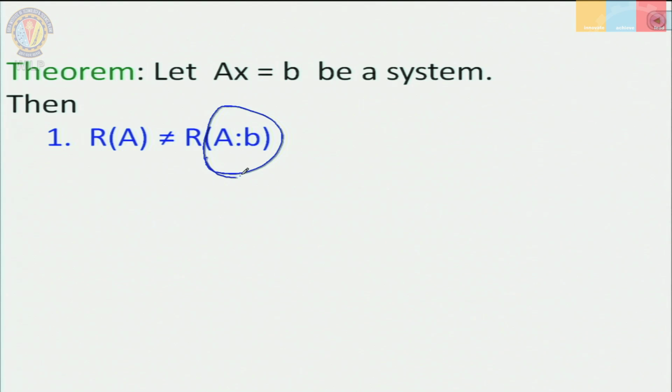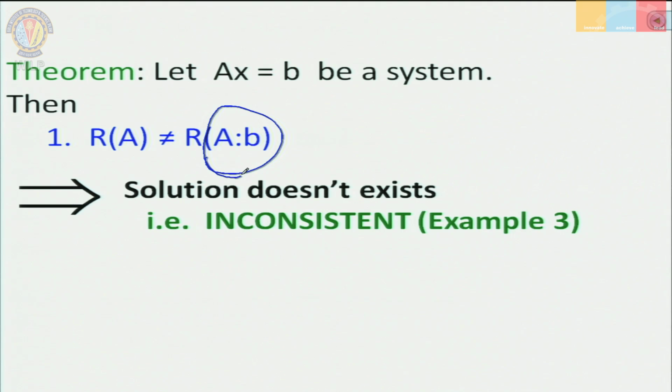If the row rank of the coefficient matrix A is not equal to the row rank of the augmented matrix, this implies that the solution does not exist. Solution does not exist means the system is inconsistent. We shall see this by an example.